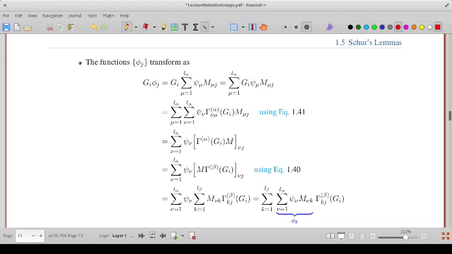So the linear combination is psi nu gamma nu mu alpha of Gi, because Gi is the group element that is acting on the basis vector psi mu, and the linear combinations are defined in terms of the representation matrices gamma alpha of Gi. So that's why we got this. So this is equal to this.